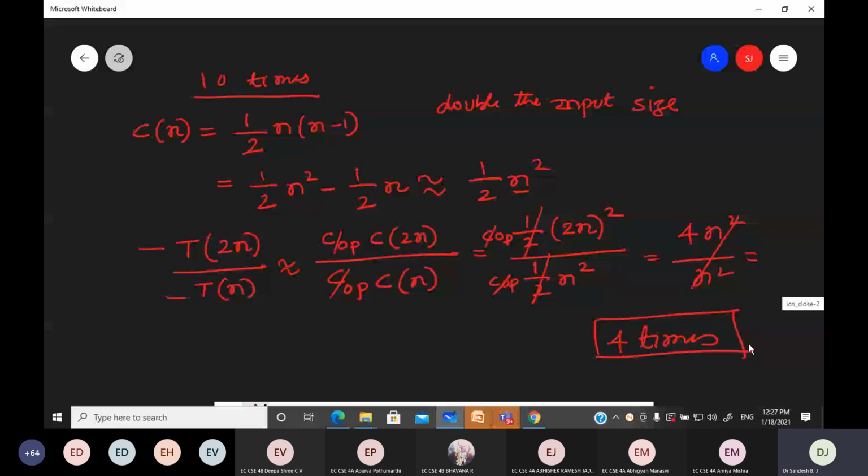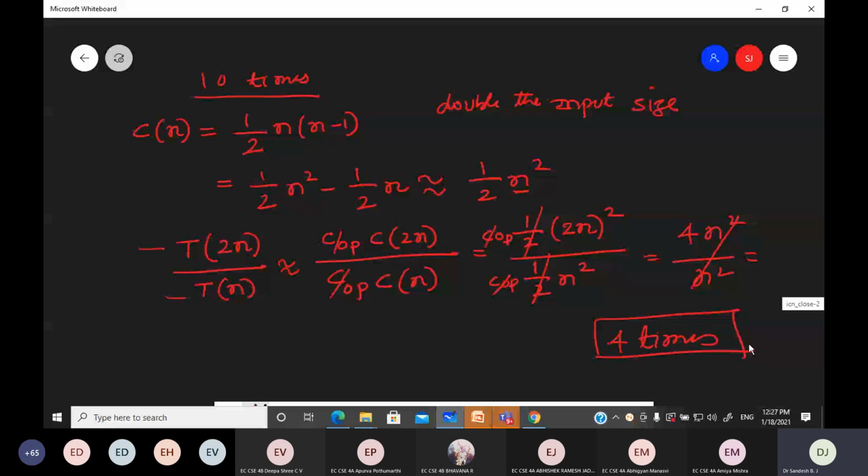So the time efficiency framework, through which we are able to find out the time taken to execute the program, also allows us to answer such questions: if we run this algorithm on a machine which is 10 times faster, or if we double the input, what is the amount of time it's going to take? We said 4 times. So we are able to answer the question without actually knowing the value of c_op. It was neatly cancelled out in the ratio.